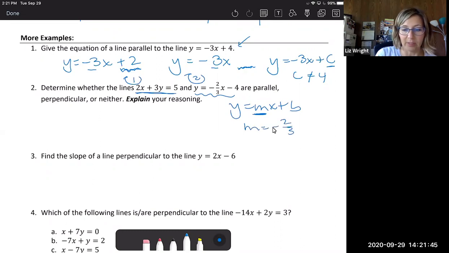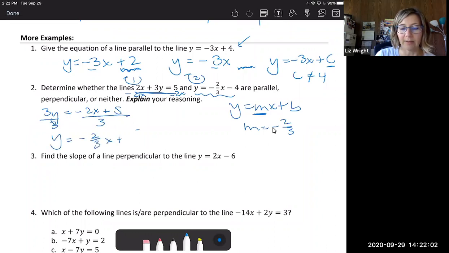All right, so let's see what the other one is. So it's going to be 3y equals negative 2x plus 5, because I just moved the 2x over like that. And then we're going to divide everything by 3. So then I'm going to get y equals negative 2/3 x plus 5/3.